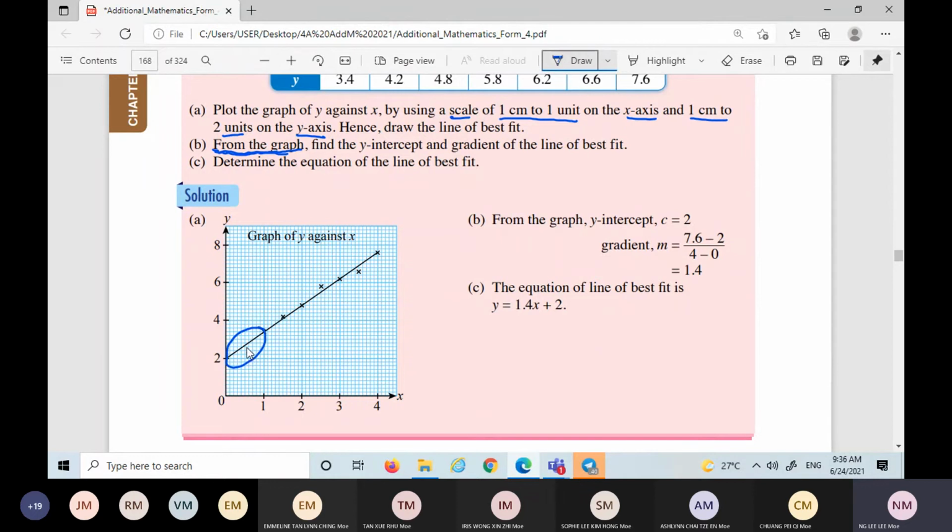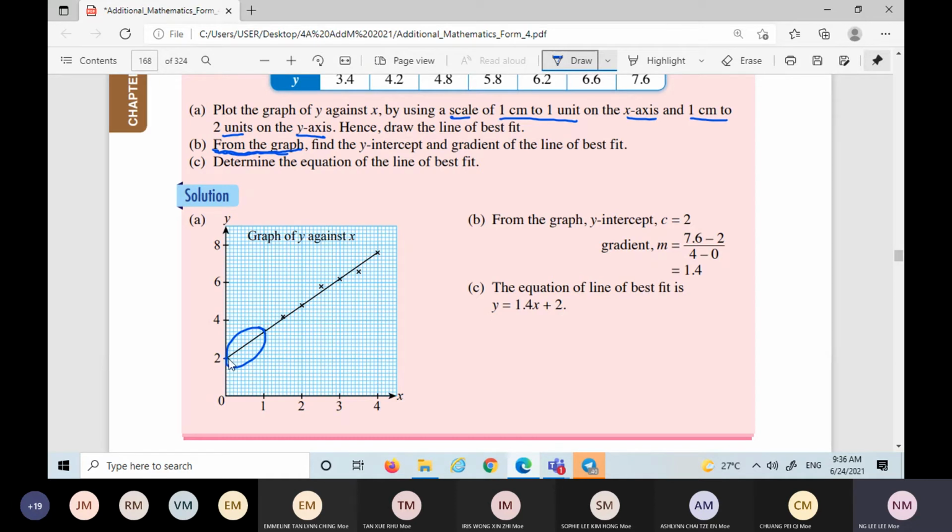For those who didn't draw this part and yet can get the y-intercept, that is a very, very big question mark. Now you see the answer, the y-intercept C is 2, because in one shot you draw and continue until it crosses the y-axis. Here it is 2.